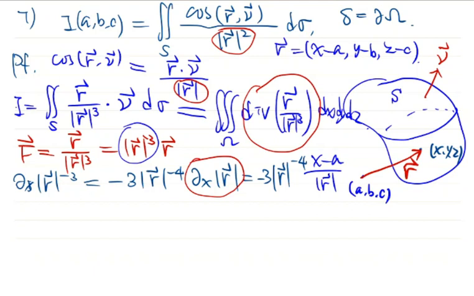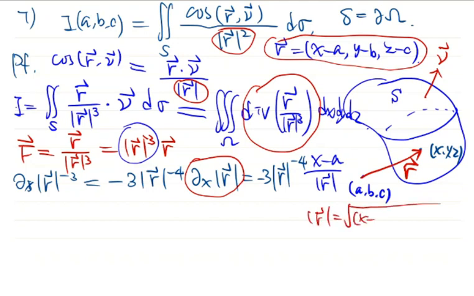Because our R is this vector valued function, the norm of R is the square root of (x minus a) squared plus (y minus b) squared plus (z minus c) squared. Therefore, it is easy to see that the partial derivative of the norm of R with respect to x is given here.